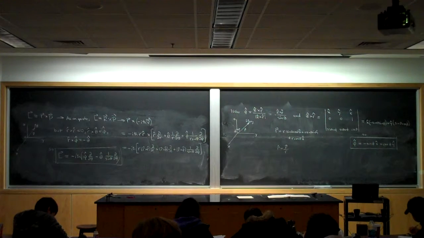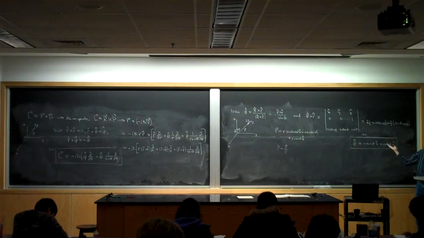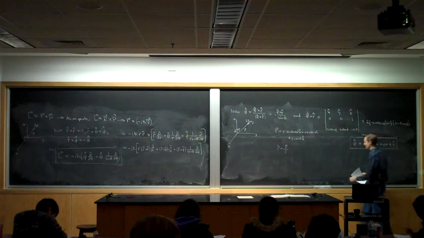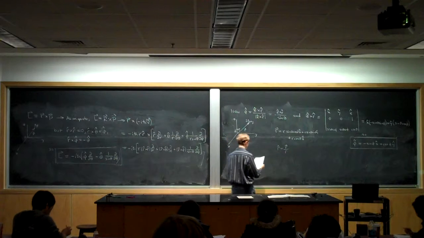Oh, well that's nice. So notice what we've done there is we've expressed the azimuthal unit vector phi hat in terms of its Cartesian components, but we wrote those Cartesian components in terms of spherical coordinates, right? But that's okay. It's a perfectly legitimate expression.